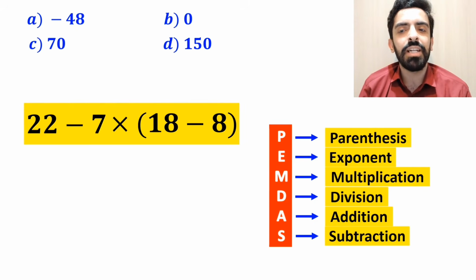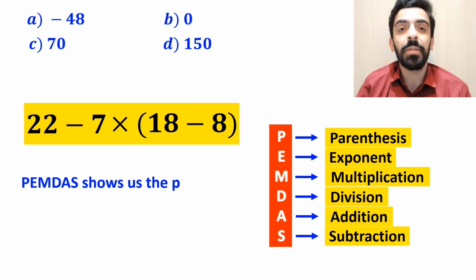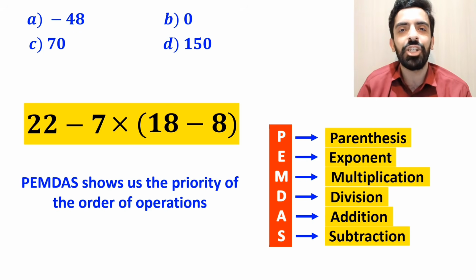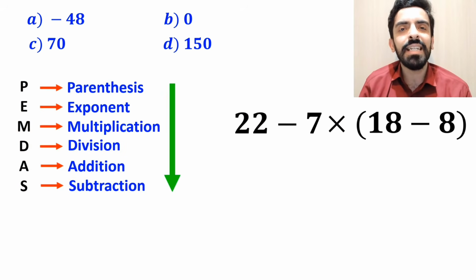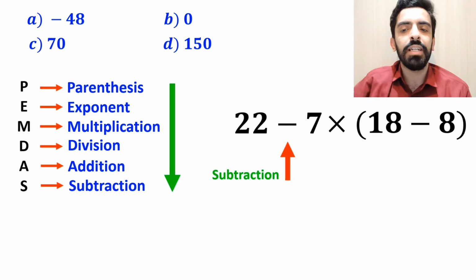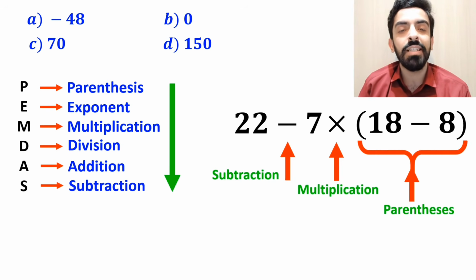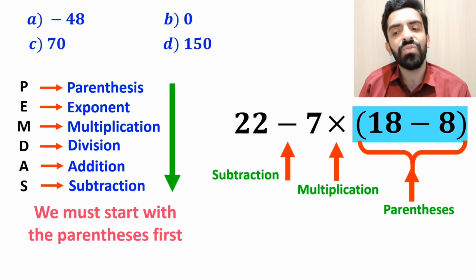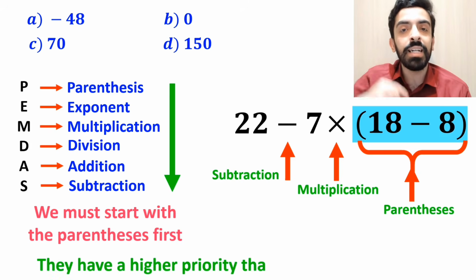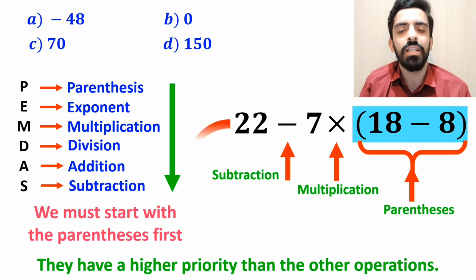To solve this question, we need to follow a rule that is called PEMDAS. PEMDAS shows us the priority of the order of operations. Okay, as you can see in the image, in this expression, first we have a subtraction sign, then a multiplication sign, and finally parentheses. We must start with the parentheses first because they have a higher priority than the other operations.